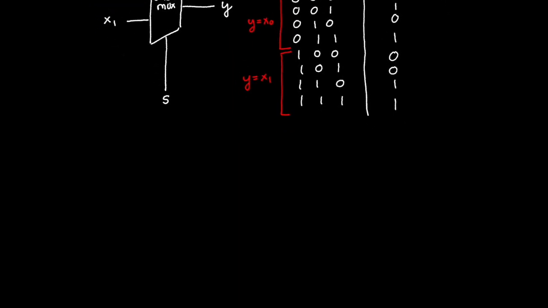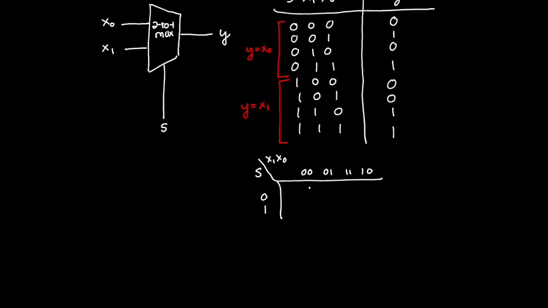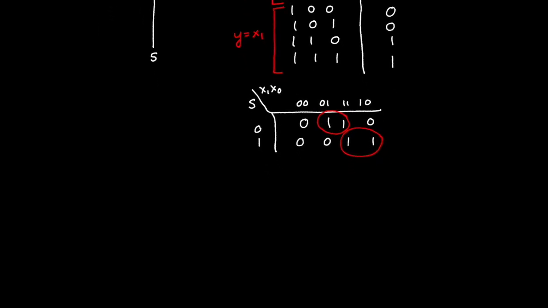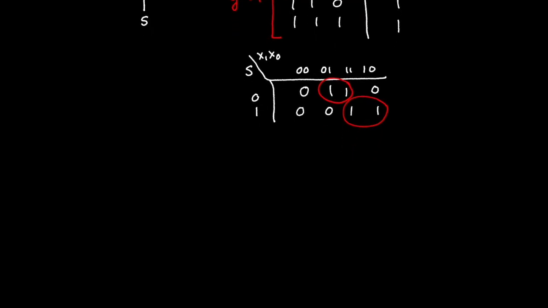And let's derive the Boolean expression for it using a K-map. And we've got 2 groupings like so. And our final Boolean expression looks like this.